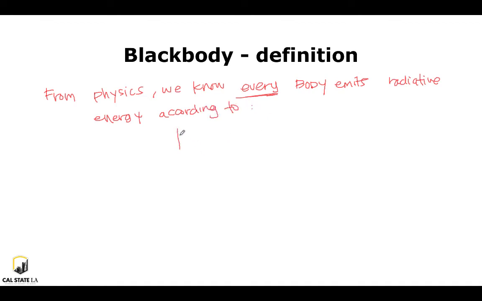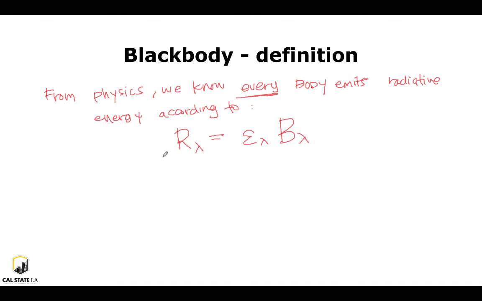The radiative energy that your body emits at a certain wavelength is equal to your emissivity multiplied by this blackbody emission.